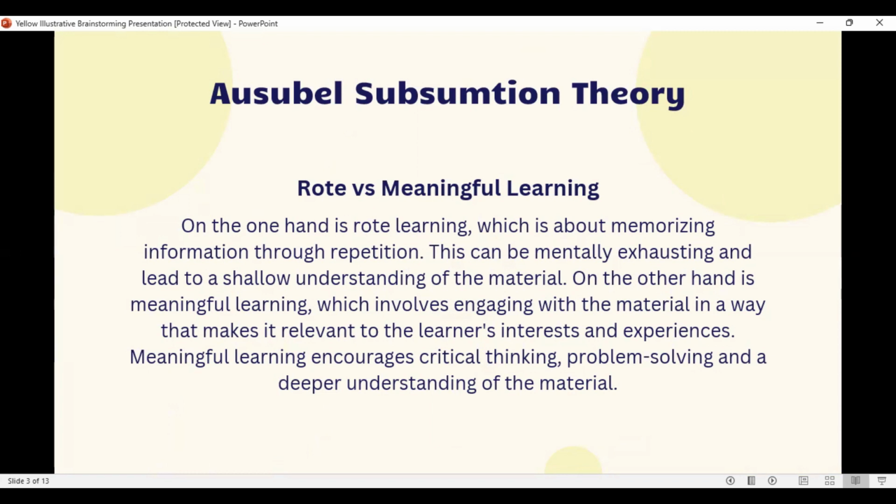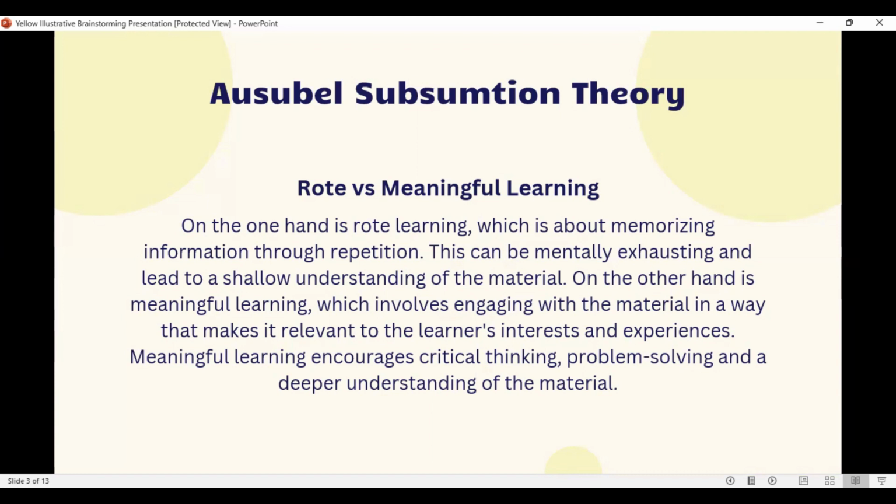First, Ausubel's subsumption theory. There are two. First one is rote learning versus meaningful learning. On the one hand is rote learning, which is about memorizing information through repetition. This can be mentally exhausting and lead to a shallow understanding of the material.